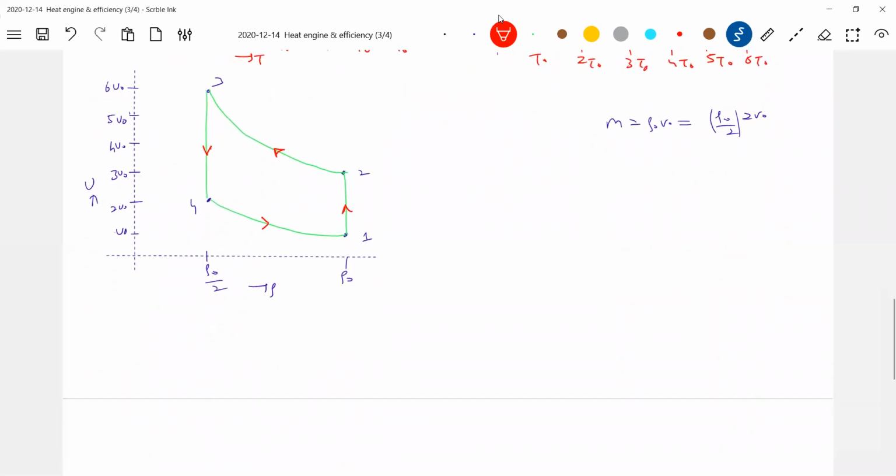Okay, let me take the next one. P naught to T naught. Okay, this is the graph.